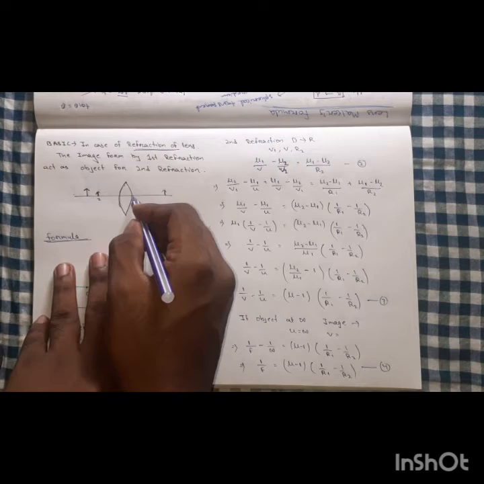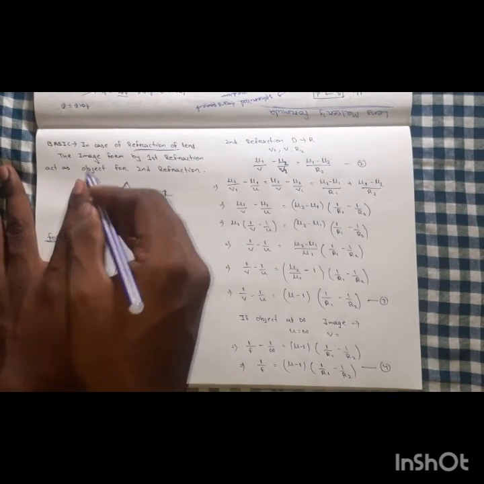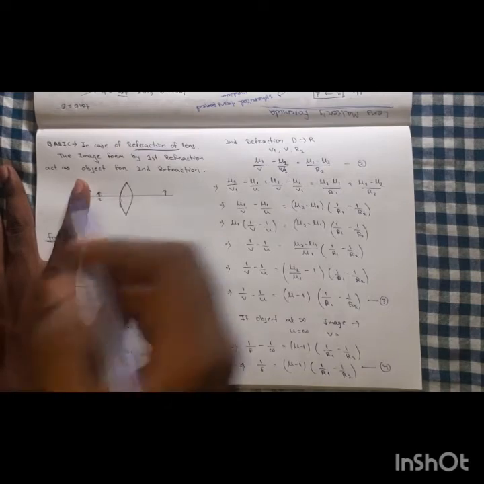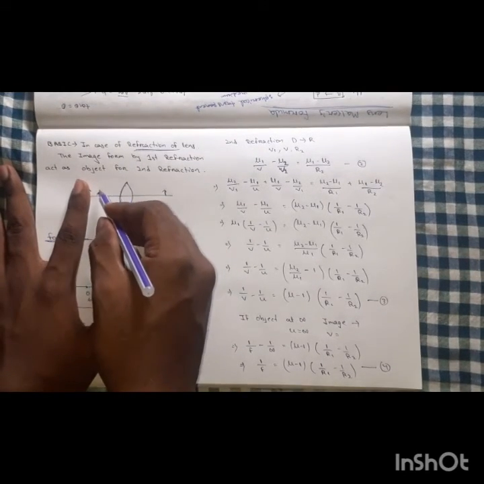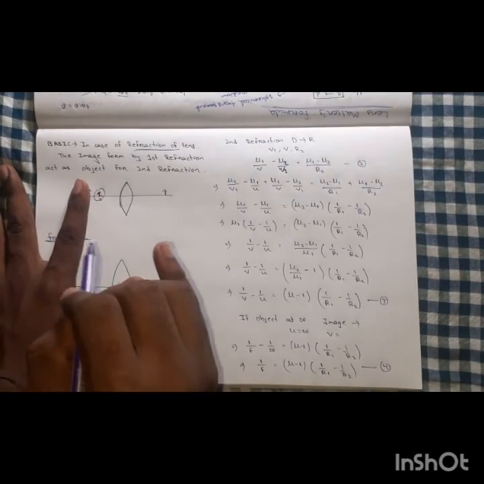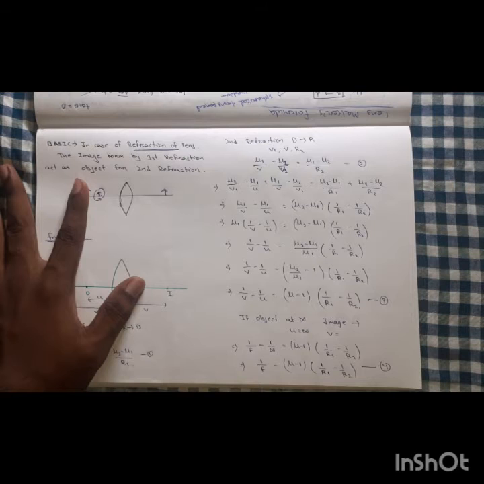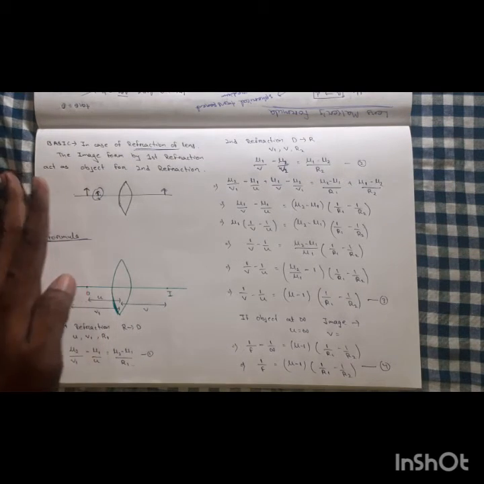For the second refraction, this image acts as an object, and here will be the final image. Then how will the ray diagram be?